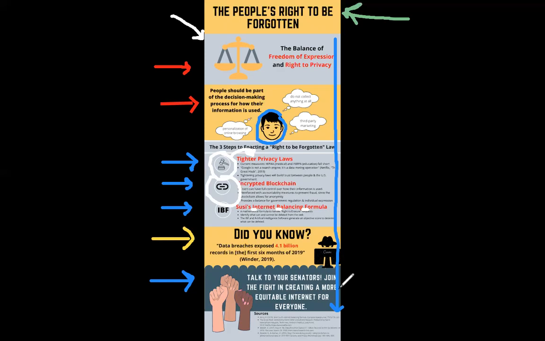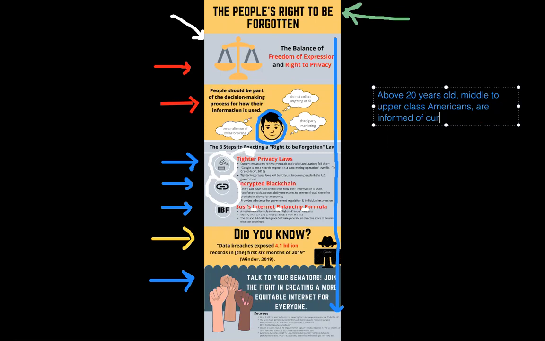And then last but not least, the target audience. The target audience of this infographic is people above 20 years old, middle to upper class Americans, and people who are informed of current events.